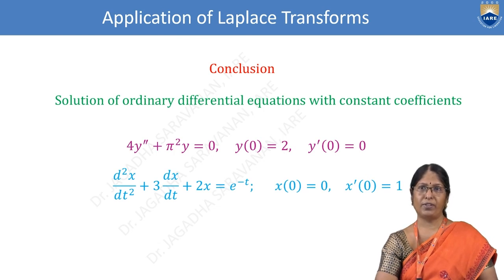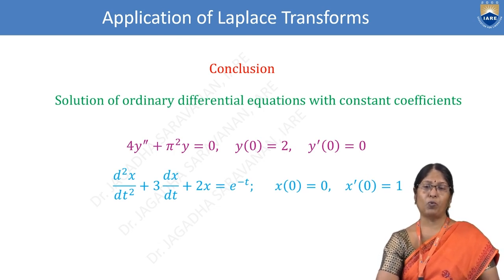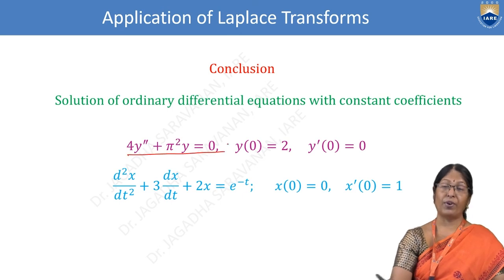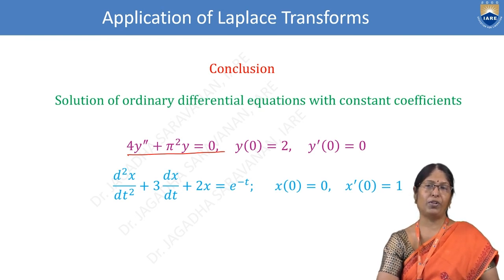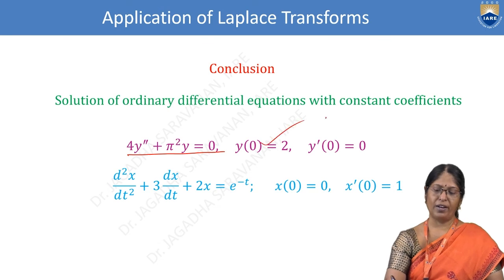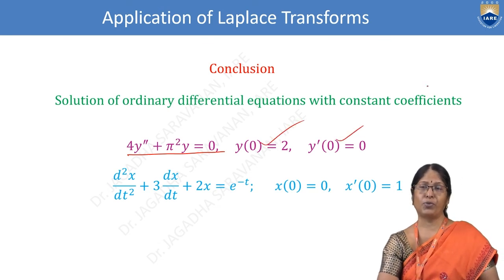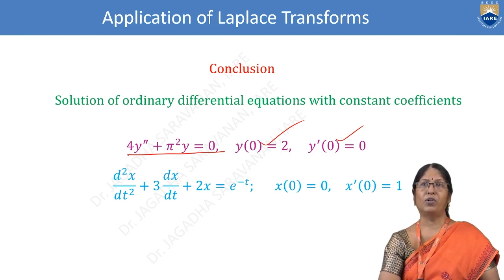The steps we followed: we took Laplace transform on both sides of the differential equations, where required we applied the linearity property, we substituted the given conditions, we got an equation, we did the grouping, and finally we applied inverse Laplace transform and solved it.